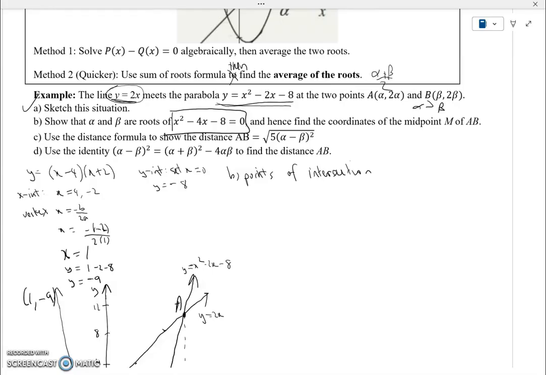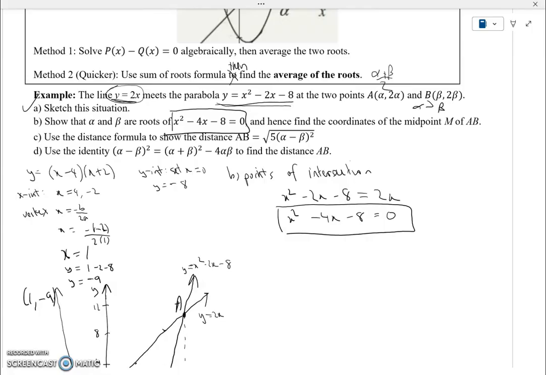So I'm going to set x squared minus 2x minus 8 equal to 2x. And then I'm going to minus 2x from both sides. Okay, so that there is what we're required to show for the initial bit of the question.